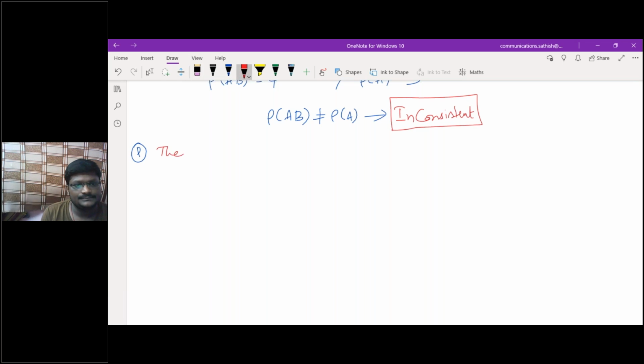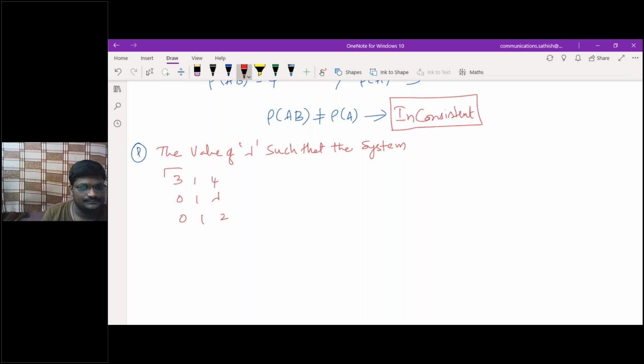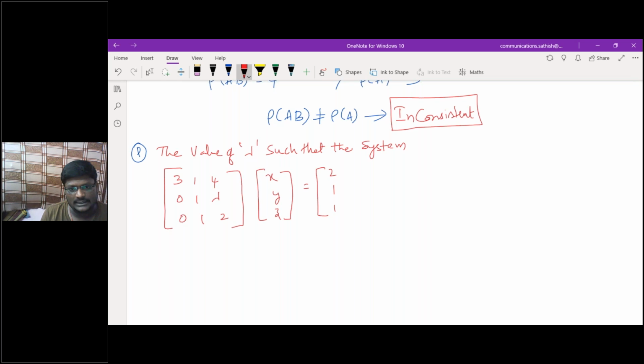The value of lambda such that the system 3 1 4, 0 1 lambda, 0 1 2 into x y z is equal to 2 1 1 has a unique solution.